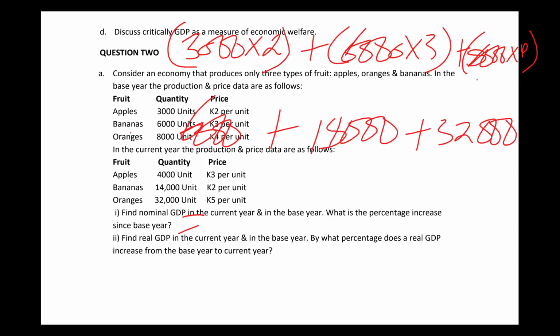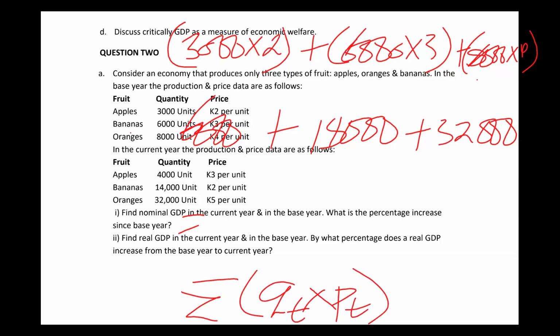And then what do we have as the nominal GDP in the base year? The base year, very important. So the formula is the summation of quantity at that time times the price at that very time. Just that, nominal GDP. What do you find as your nominal GDP?